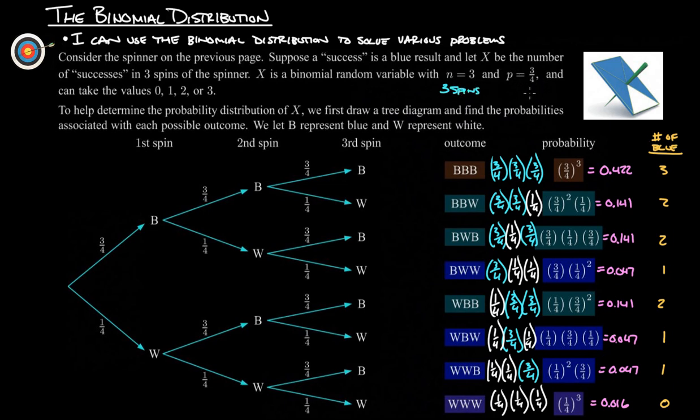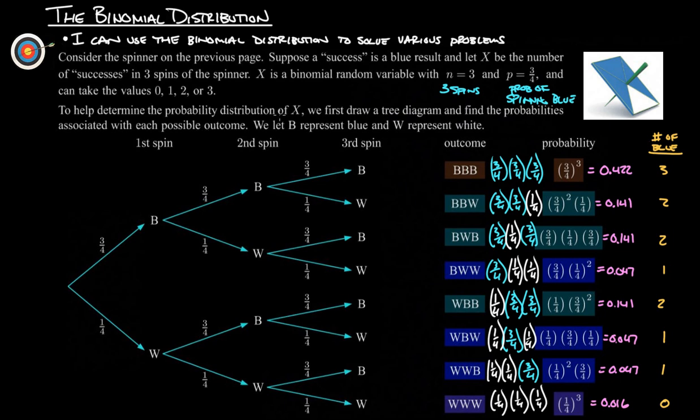And the probability of what we're calling success here is 3 of the 4 sides are going to end up spinning blue, so the probability of spinning a blue is 3/4. That's what those mean. And then X can take the value 0, 1, 2, or 3. So 0 blues, 1 blue, 2 blues, or 3 blues are the 4 possible outcomes.